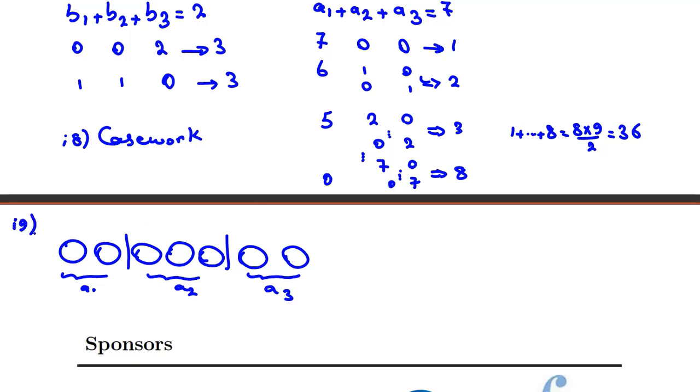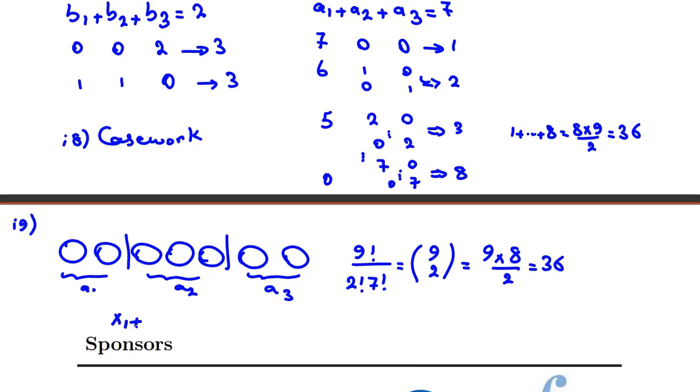It is a new idea. For 7, we calculate all permutations of these 7 balls and 2 dividers. So permutation with repetition, 9 factorial over 2 factorial times 7 factorial, or 9 choose 2. 9 choose 2 is what? 9 times 8 over 2, which is 36. So it is an idea, okay?